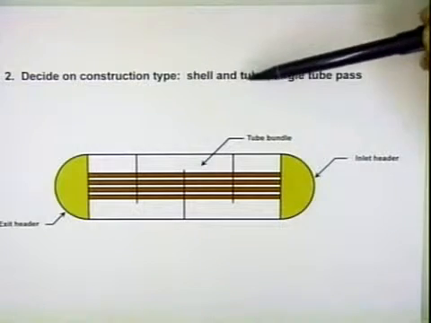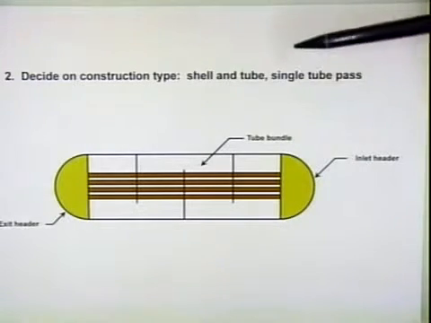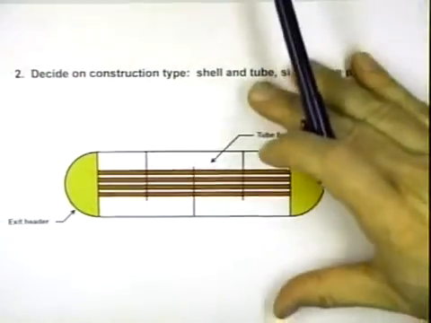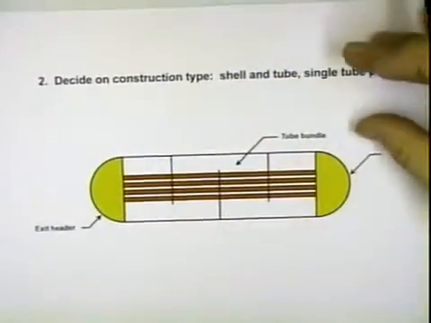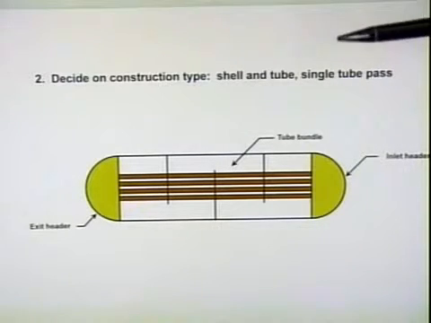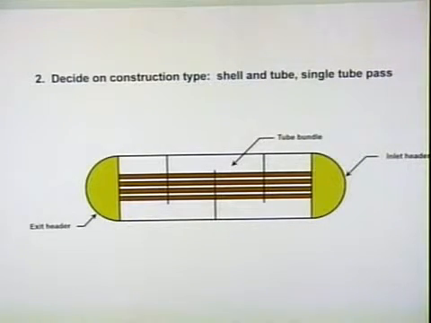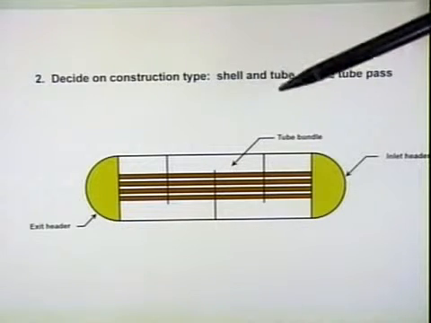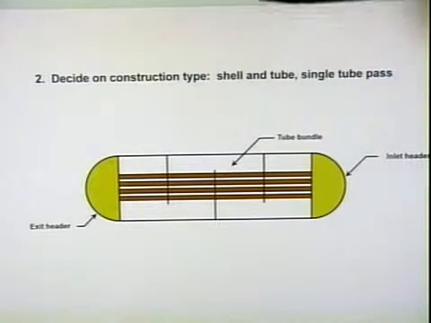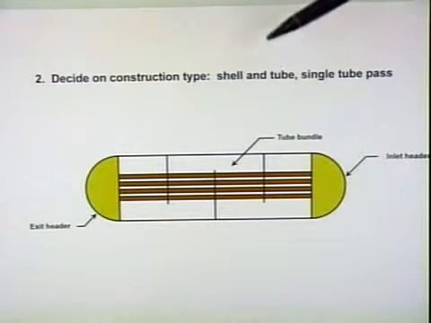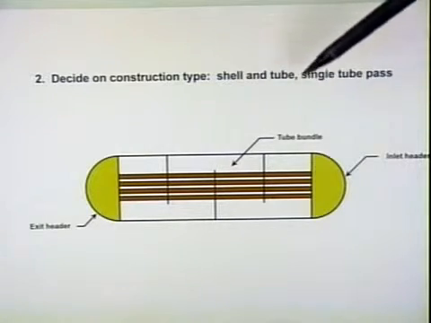It's going to be a shell and tube heat exchanger with a single tube pass. How did I know to choose a shell and tube heat exchanger? Well, I really didn't. I just had to pick one. If I were doing this for a real application, I would ask, what have other people used? What do I know from my experience? And so forth. The way you get experience is just do more and more of these.